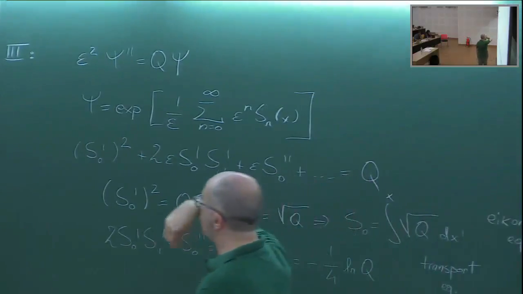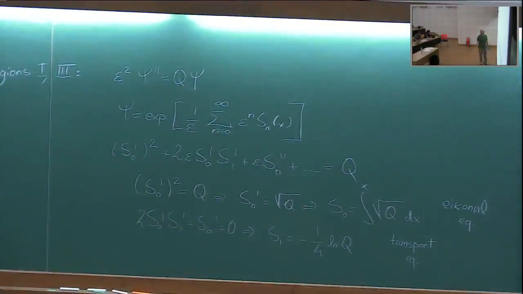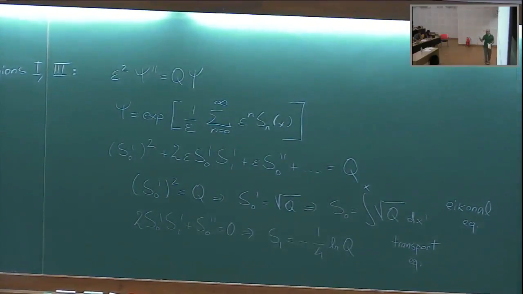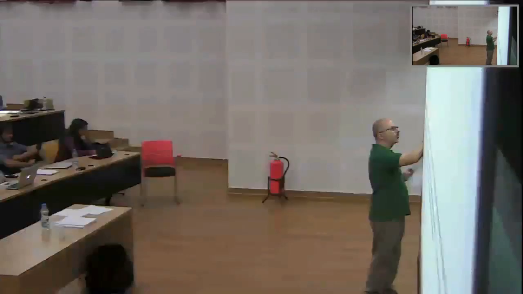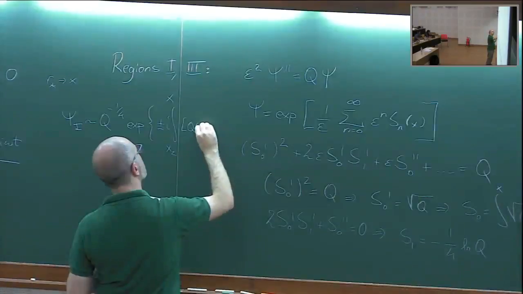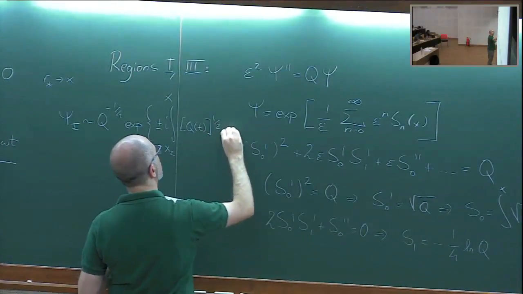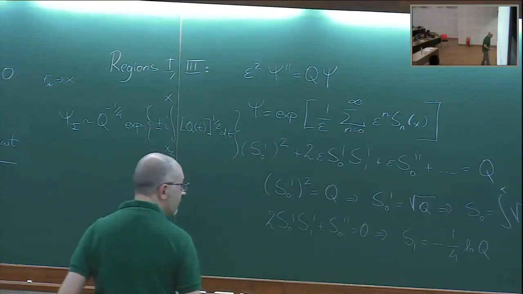So when you put these pieces together, you see that in this approximation, you can write the solutions in the regions 1 and 3, as psi 1 goes like... Let me make space.